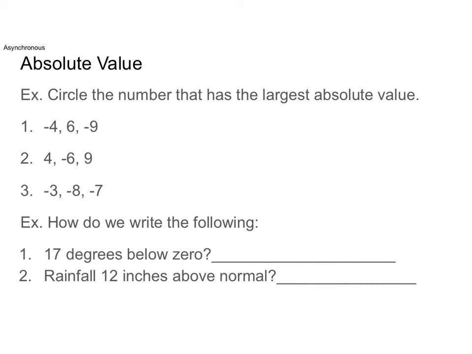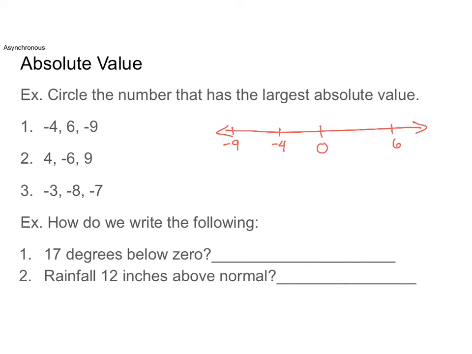Next one. So absolute value. I'd like you to write these examples down. We're going to circle the number that has the largest absolute value. So that means the farthest away from 0. Okay? So if you're thinking of a number line, here's 0, right? What is the furthest away from 0? You would have -4 would be here, 6 would be here, and -9 would be here.